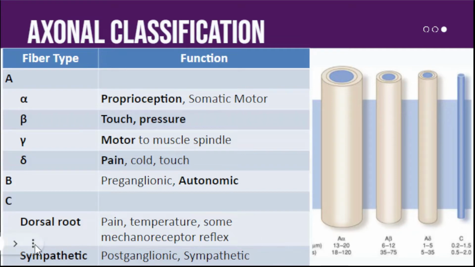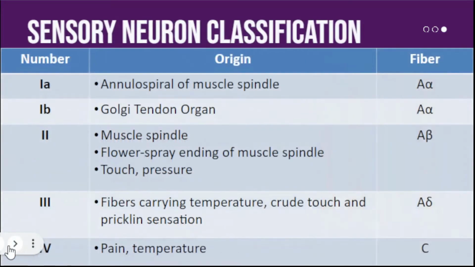All right? Now further, when we talk about sensory neurons, meron pang subclassification yung mga sensory neurons natin. They are 1A, 1B, 2, 3, and 4. And each number classification of sensory neurons are composed of different fibers as well. No? So as you can see on the right, you have your A alpha, your A beta, A delta, and C. So basically, ganun pa rin naman.